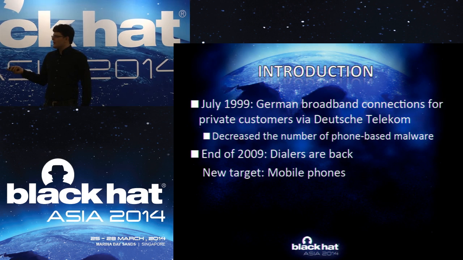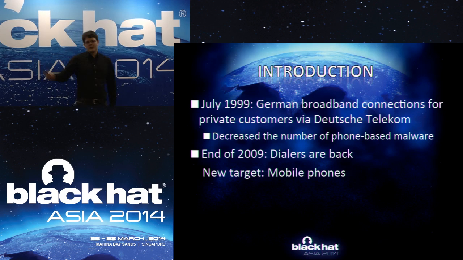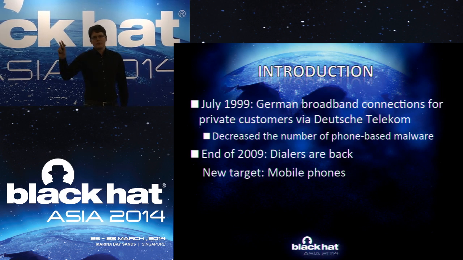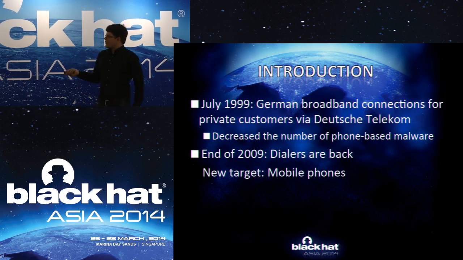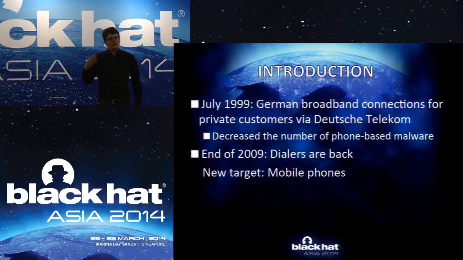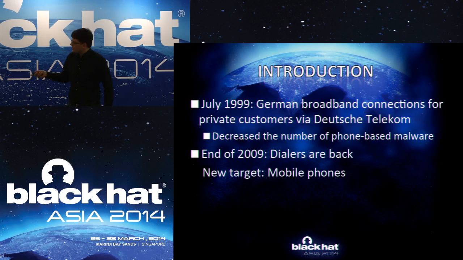And this allowed us to surf a lot faster with DSL. Due to these broadband connections, a huge problem disappeared: the premium number phone calls caused by dialers. So the dialer problem disappeared for more or less 10 years, as we can see here.